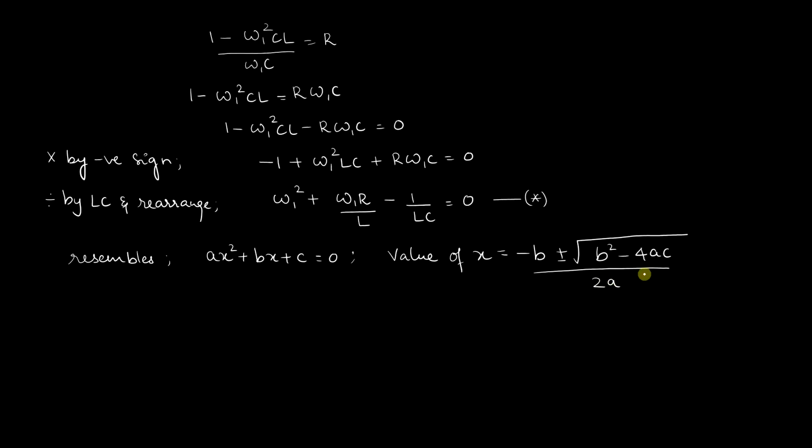Okay. Now compare this equation with this and see what are the terms a, b and c. So here we have a equal to 1, b is equal to R by L, c is equal to, there is a plus here, there is a minus here, so it is equal to minus 1 by LC.